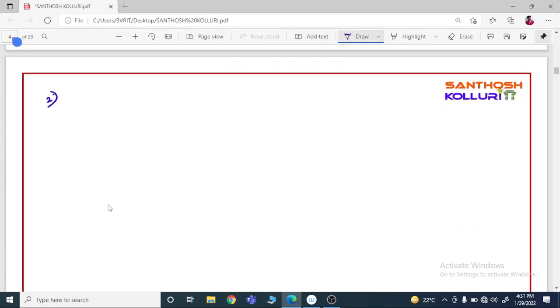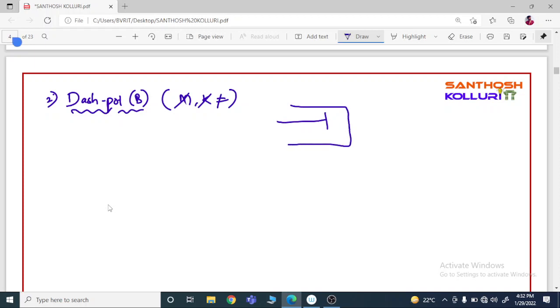Now let us go to the dashpot, the second one. Here also I am considering an ideal dashpot such that the mass and spring constant are neglected. This is my symbol of the dashpot. It is nothing but a piston moving inside a viscous fluid. Fix it at one end.